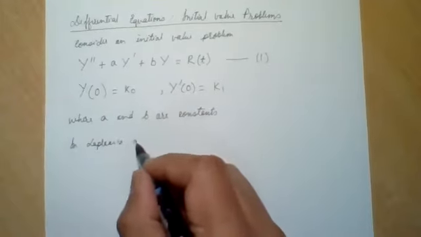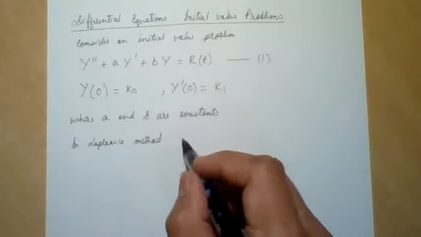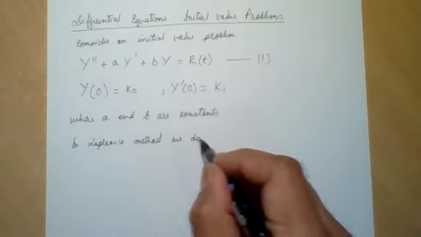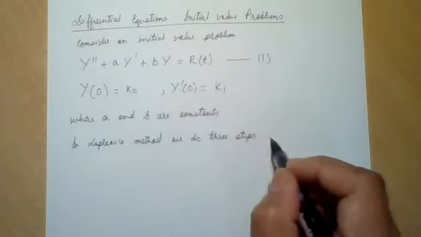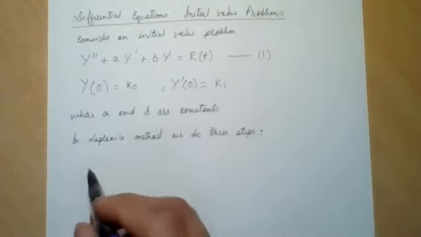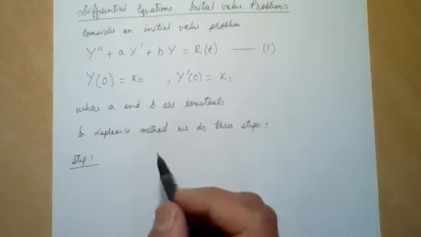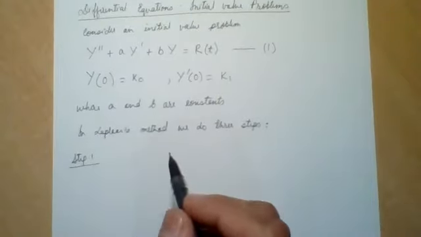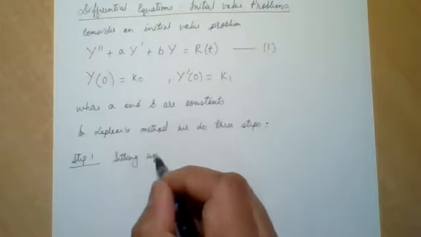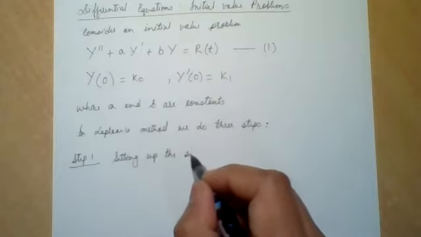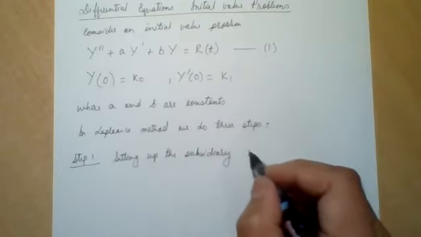So in the Laplace method, we do 3 steps. Step number one: we set up the subsidiary equation.